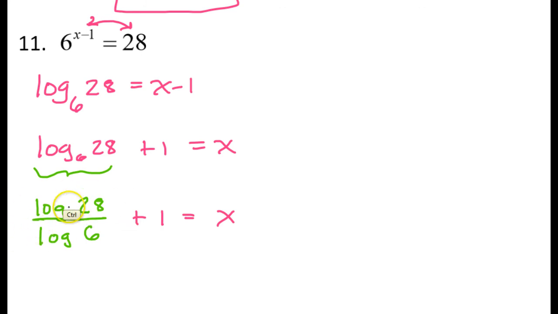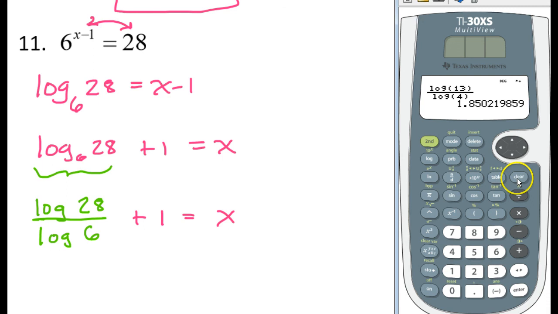Most scientific calculators, you could do this. So that's what I'm going to do on my TI-30XS MultiView. You could go into fraction mode and type in log 28 over log 6, and then plus 1. Okay, so 2.8597.